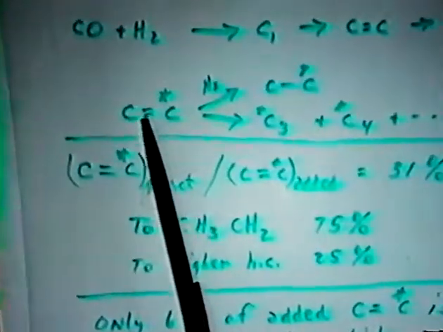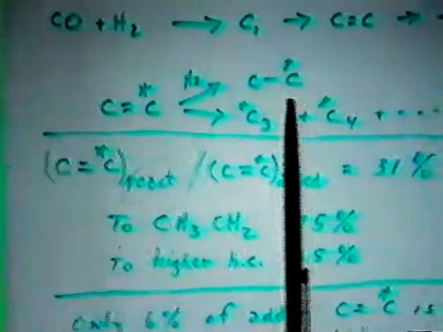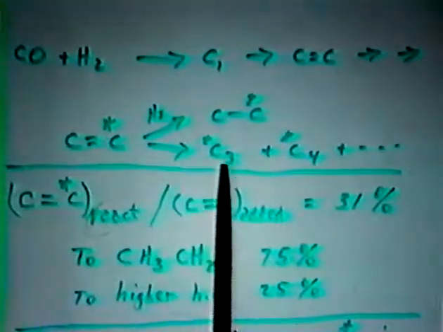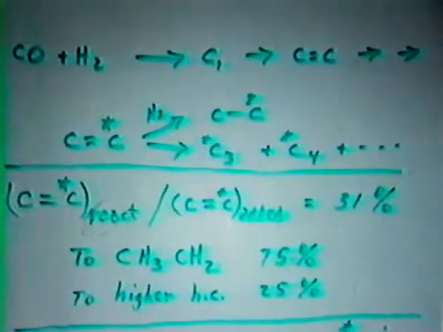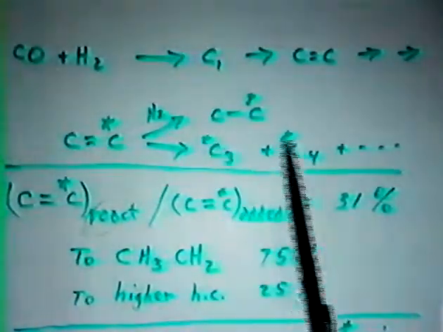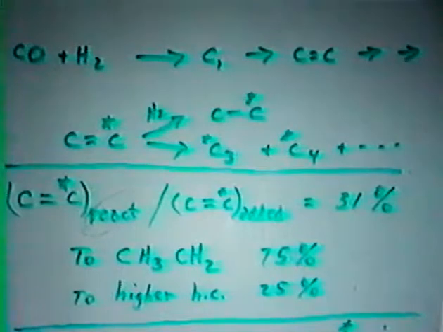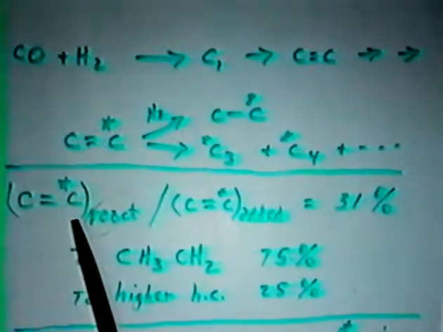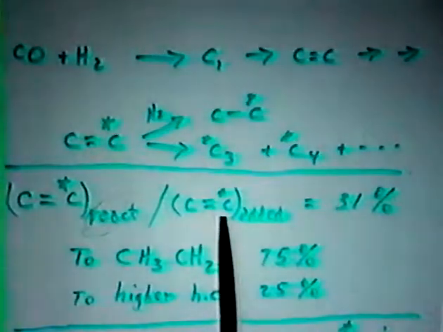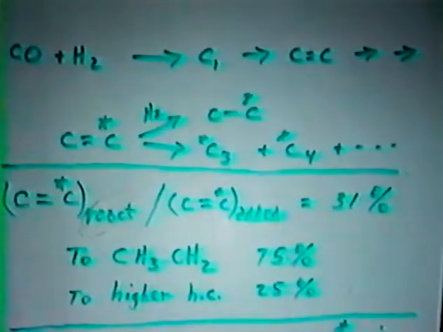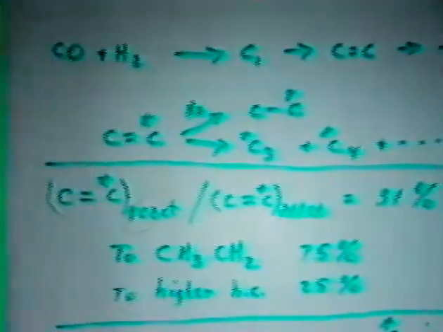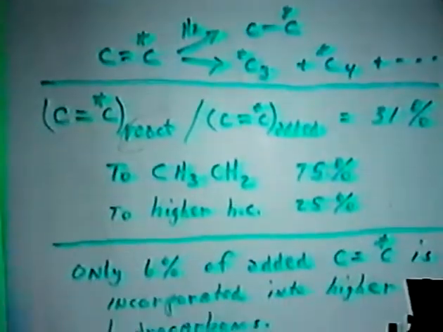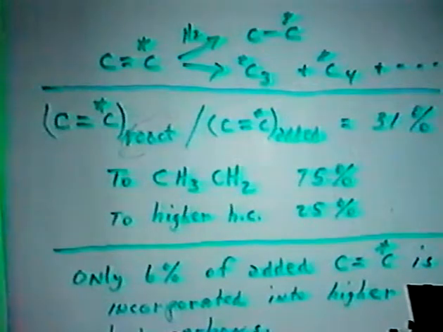The ethylene can undergo two reactions. One is that it can be hydrogenated to ethane, which is carbon-14 labeled. It could then serve as initiator and form C3, C4, etc. What we observed is that roughly 31% of the ethylene that we added was converted. Of that which is converted, 75% was hydrogenated to ethane.